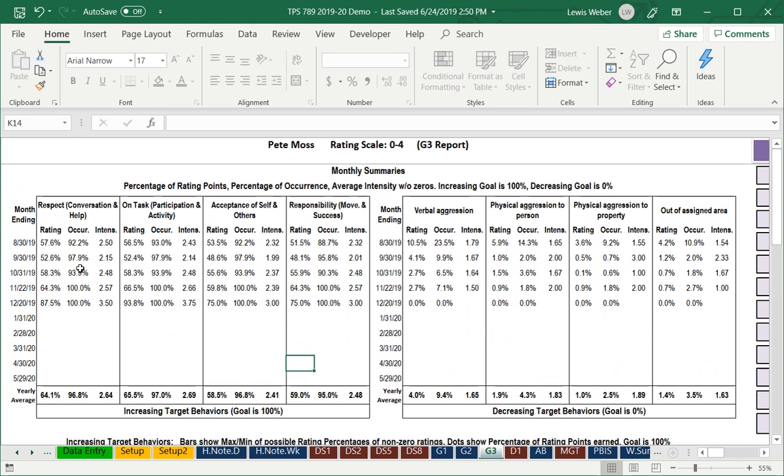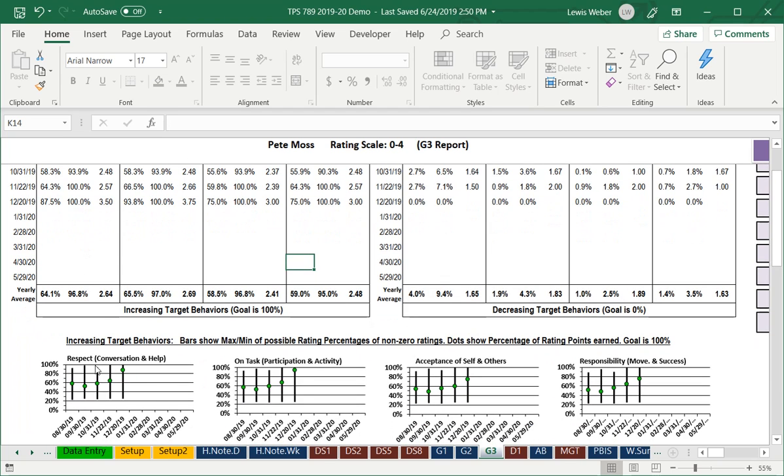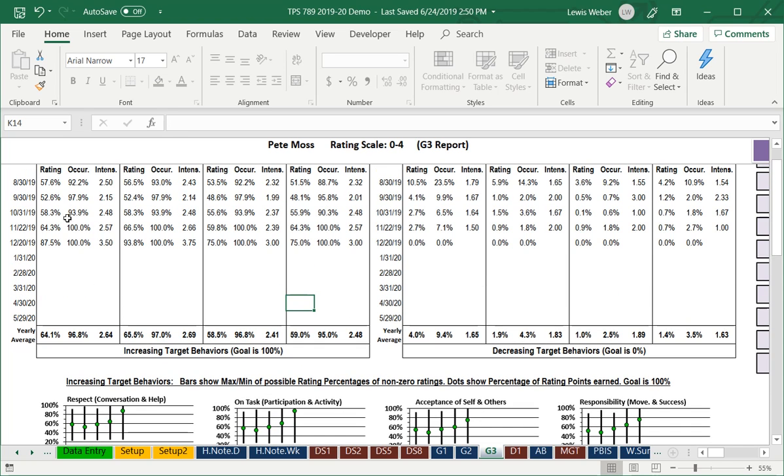That's an average. So let's see, here it is. August, 0.92, or 92%. Right? As I go to the third month, it is 93.9%, which is what's showing right here. So the tops of the bars are equivalent to occurrence.